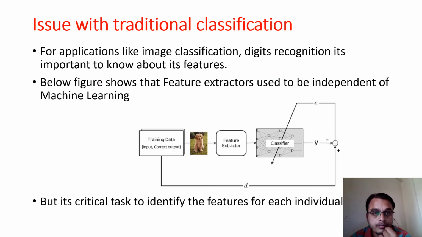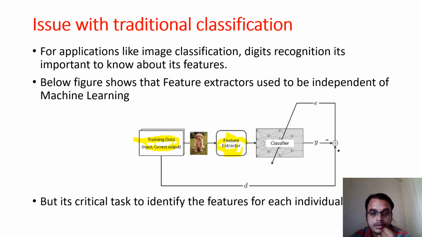Okay. Now, issues with traditional classification. If I go with traditional classification, what was the issue? For traditional classification, digit recognition is an important part. With digit recognition or any other task, this is a simple mechanism. Train on the input data and extract the features.